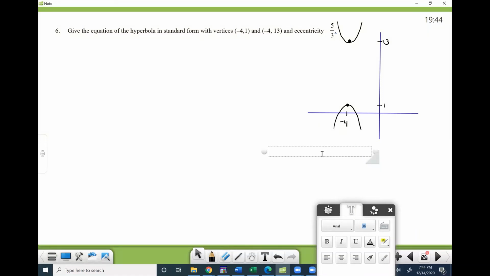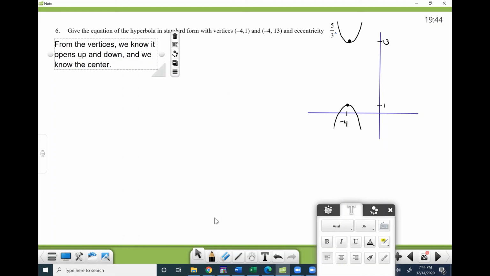Let's see, 36. And we know the center. I'm going to move this over here. We know it faces up and down, and we know the center.